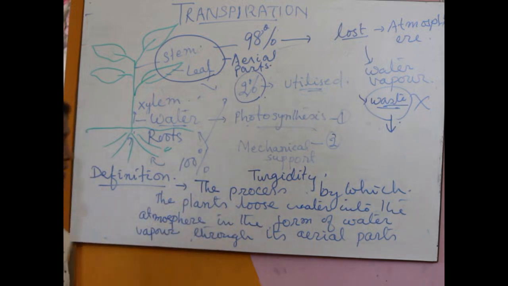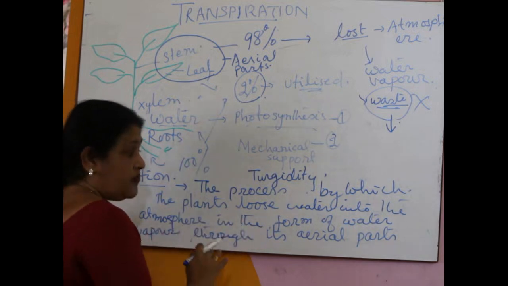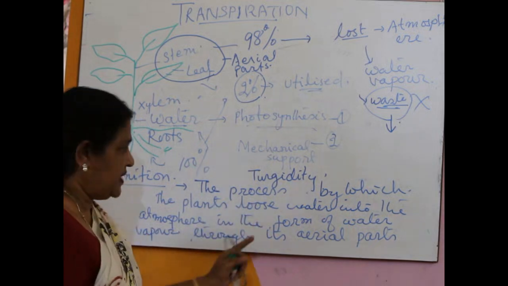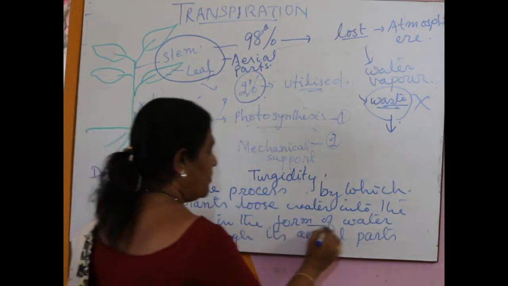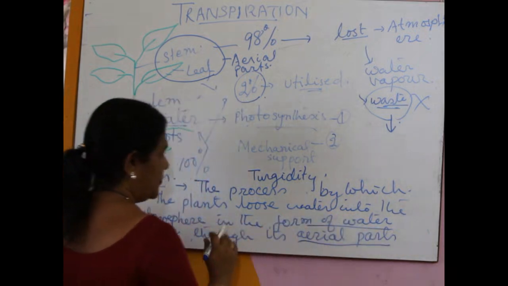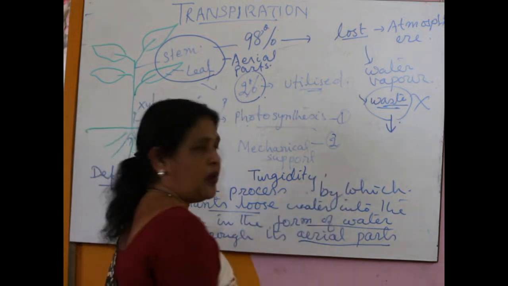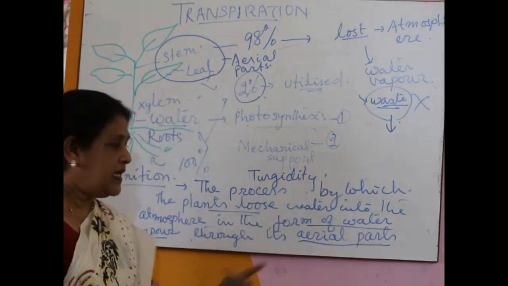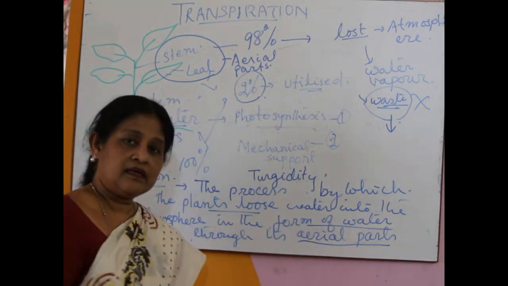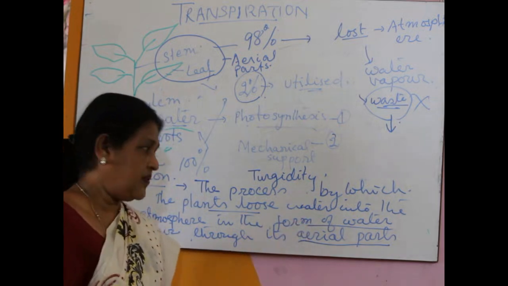So in ICSE you need to focus on certain terms or phrases like the form of water vapor through its aerial parts. The process by which the plant loses water in the form of water vapor. These are important because these terms are considered the operative words for the definition.